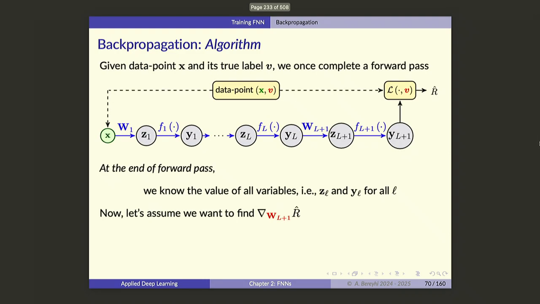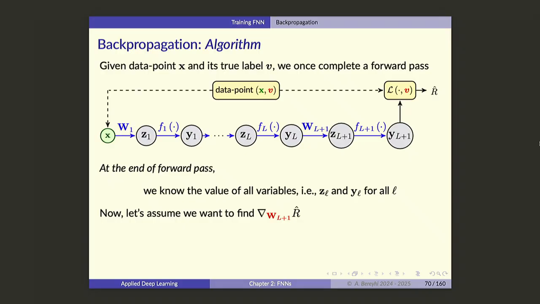I don't care about anything before y_L, because eventually W_L is only going to show up after this, right? So I can simply cut my neural network here. Whatever the value of y_L is, it goes linearly through this guy, gives me the next thing activated, and finally computes the loss, right?